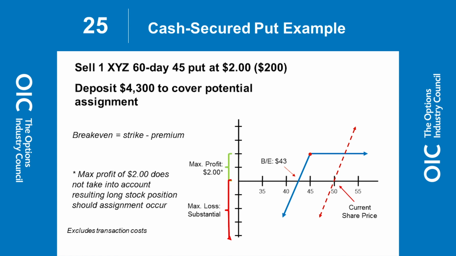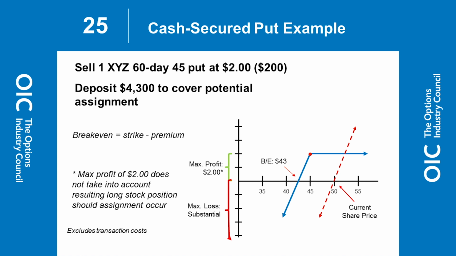So if the stock doesn't go down to $45, we're not going to be forced to buy those shares. We're going to keep that $200 regardless. So the thing about a cash secured put is if we're right and shares go down, we get to buy that stock at a discount. If we're wrong, we still get paid. We still keep that $200 regardless of what happens.